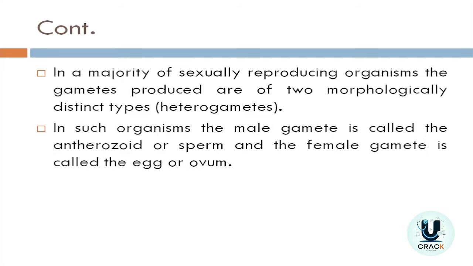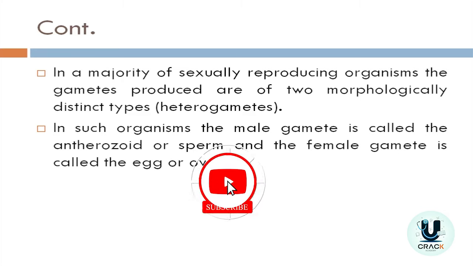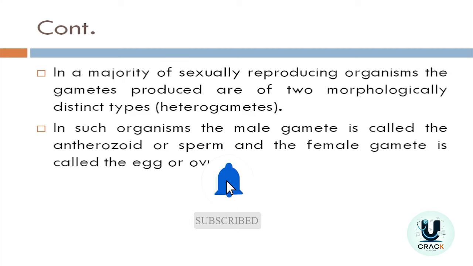In such organisms, the male gametes are also called anthrozoids or sperm. So what is important in male gametes? Sperm, another name is anthrozoids. Female gametes are also called the egg. Other name is ovum.